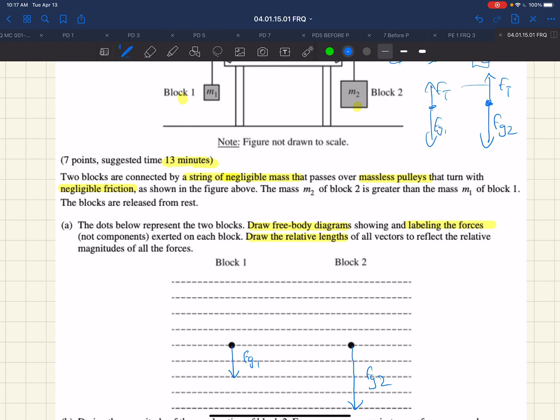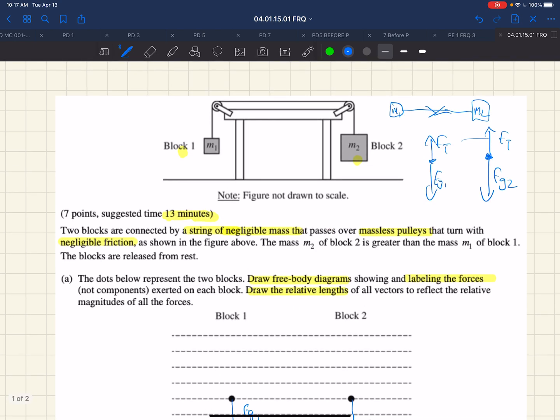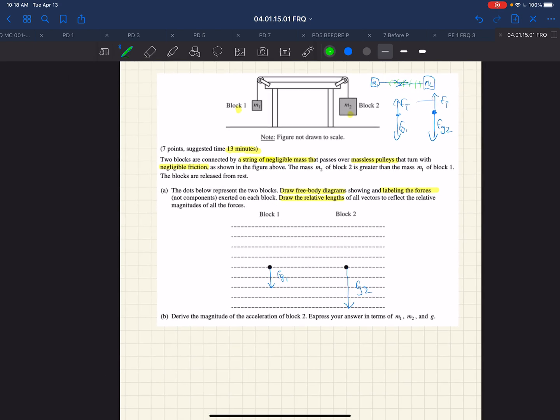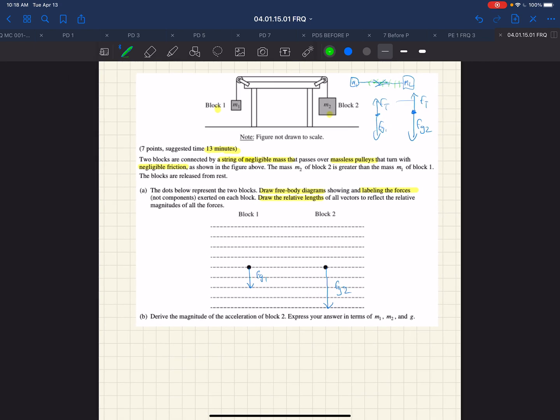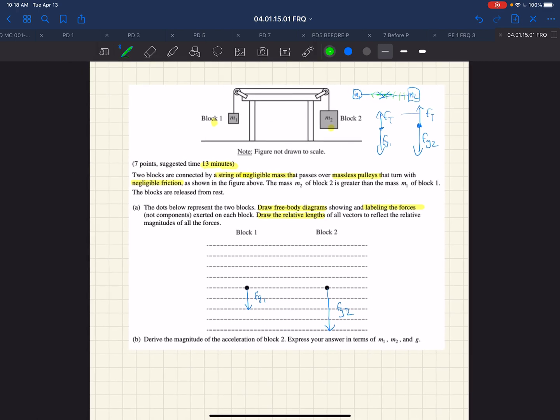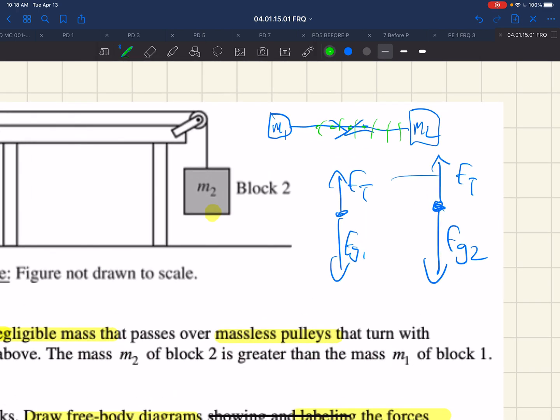How they relate to each other in size is, if you are a molecule anywhere in that string, you are not accelerating relative to the others. You're accelerating together. So that means that everywhere inside there, the forces are the same. So the two tensions are the same in magnitude, equal and opposite direction. Again, if we take one of these molecules inside here and blow it up, well, it's being pulled in that direction and pulled in that direction, equal and opposite.